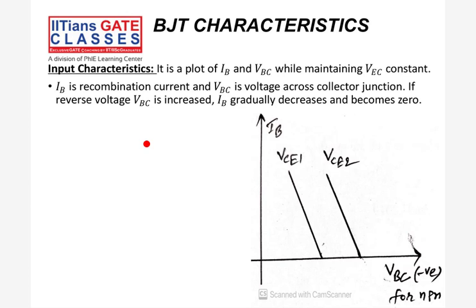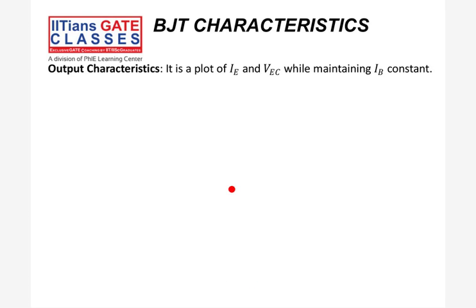If reverse voltage VBC is increased, IB gradually decreases and becomes 0. We can see the graph here. Just remember this, no need to go deep; it is not required for the exam, so I will not go into much detail.